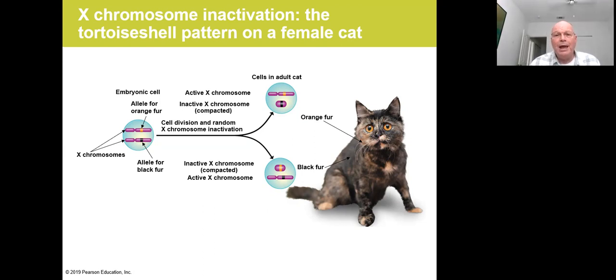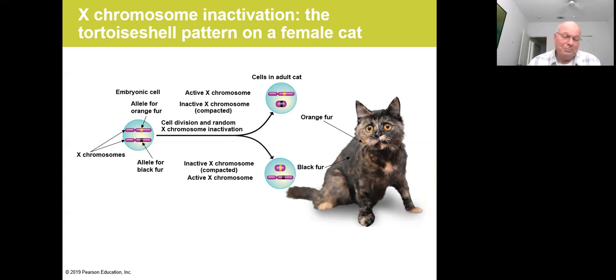Now, if the cat was in fact homozygous, it wouldn't matter which of the two X chromosomes was shut down, because they both contain the same allele of the coat color gene, and therefore the cat would either be orange and a tabby cat if it's the orange allele that's present on both chromosomes, or black if it was the black allele on both of the X chromosomes. But if the individual is heterozygous, they're going to have the orange allele on one X chromosome and the black allele on the other X chromosome. And remember, when one of those X chromosomes gets inactivated, it's a random event.